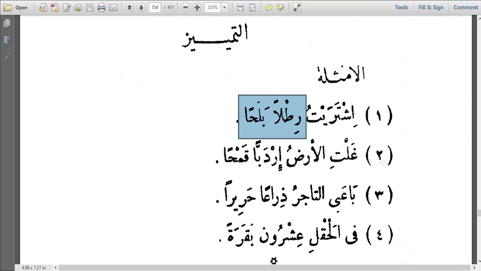And then it says, قلت الأرض إردبا قمحا. We look at this one too. The irdab is a measure, and the equivalent in English will be 150 kilograms when you are measuring wheat.